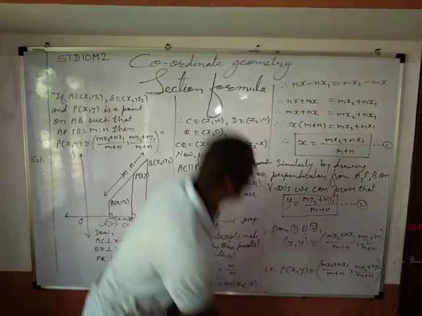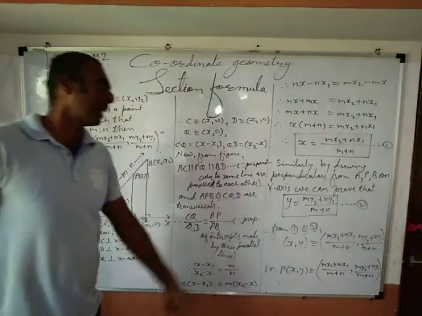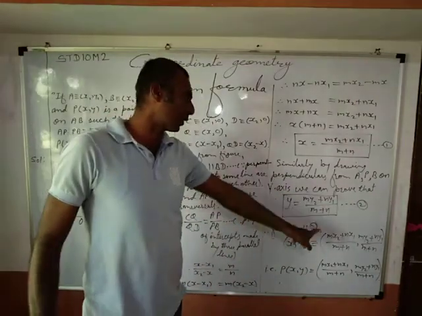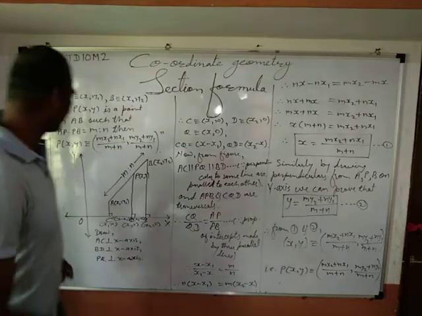Okay. Now let me explain how y equals (my2 plus ny1) upon (m plus n).